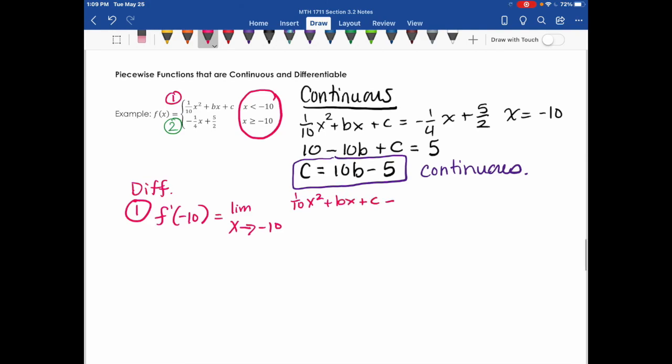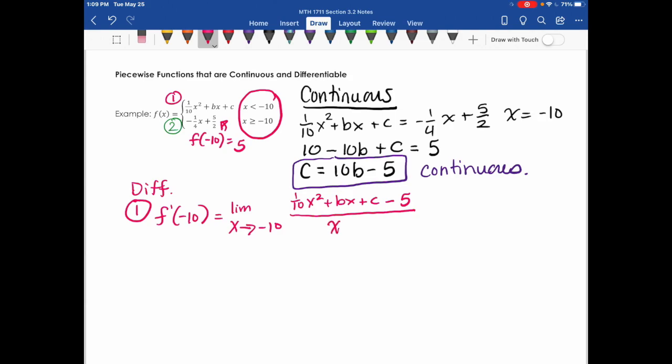So using the definition, I'm going to have the limit as x approaches negative 10 of the function, which is 1/10 x squared plus bx plus c, and we want to subtract the value of the function. Now we want the value of the function to be the same as well, and when we plug in f of negative 10 up here, we get out 5. So we want to make sure that that value is the same as well.